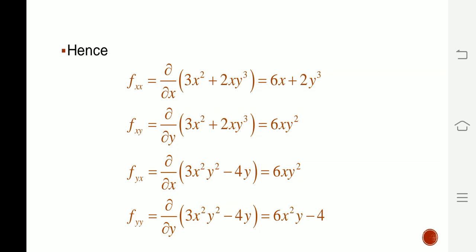Fyy, again taking the derivative of fy with respect to y, we get 6x square y minus 4. Observe that fxy and fyx are equal. So in each and every case, the derivative ∂²f/∂x∂y is always equal to ∂²f/∂y∂x.